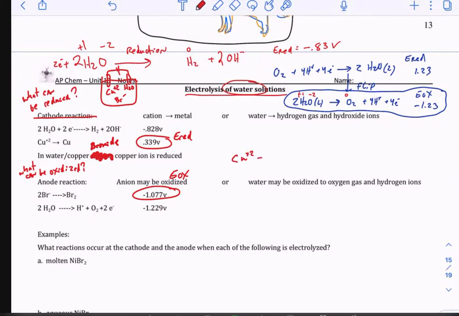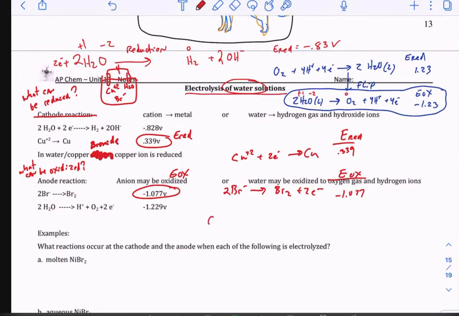Technically, you should write these as half reactions first because you might need to balance them. So I'll write them as half reactions. So that's the reduction. This is the oxidation. The number of moles of electrons for both cancel. So that's convenient. So the overall reaction, oh, I should probably write the potentials as well. So E red, 0.339, E ox, negative 1.077.